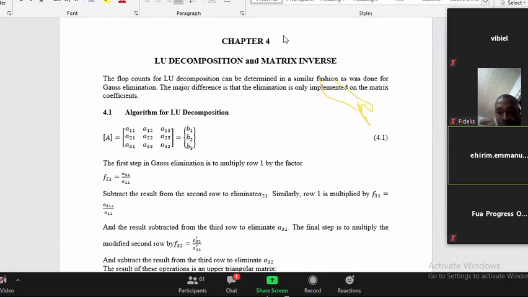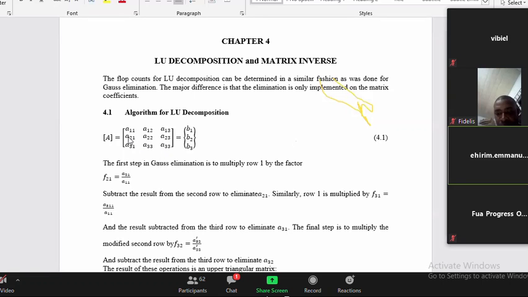When we wanted to do Gauss elimination, we multiplied to eliminate A21. First of all, we eliminated X1 from A21 and A31. All right? And then when we finished, we eliminated A22 prime, A33 prime. We finished that, and then we had an upper triangular matrix.